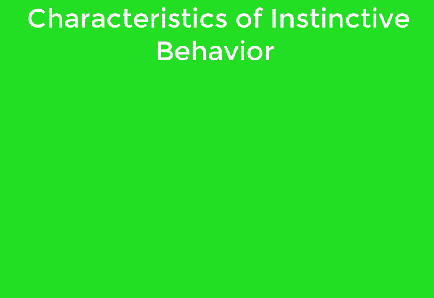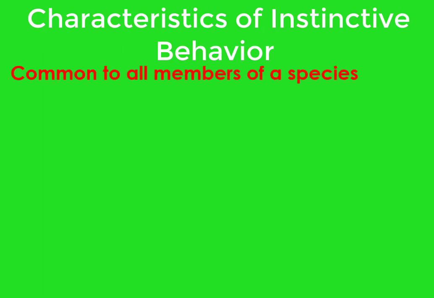Instinctive behaviors have the following main characteristics. These main characteristics are common to all members of a species, which means all individuals in a species can do any instinctive behavior in the same way. For example, all individuals of a spider can do spinning of webs to trap insect for food.